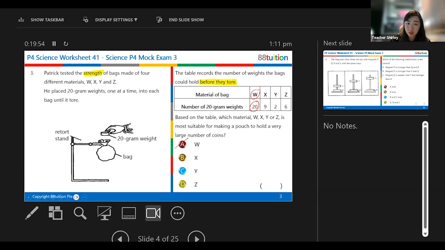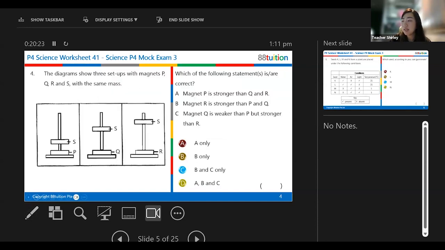So based on the result, if you can hold 20 of the 20-gram weight, as compared to X, Y, Z, which cannot hold that many, it basically means that it's really strong, right? And if it's strong, you will be more suitable to make a pouch that holds a very large number of coins. Okay, so therefore the answer is A.